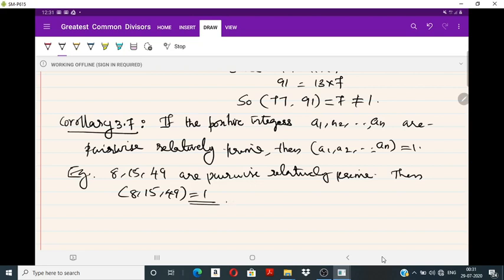But the converse is not true. Remark: the converse of corollary 3.7 is not true.